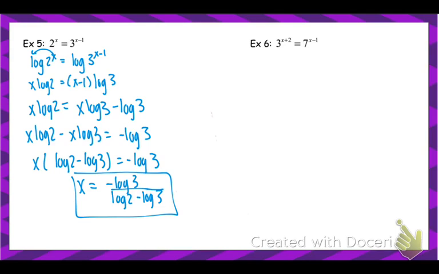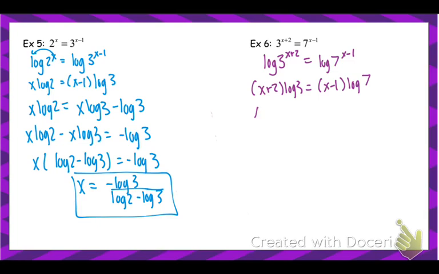All right, so on this next one, pretty similar method. Again, either take the log of both sides or rewrite it as a log. I'm going to go ahead and take the log of both sides. Move the exponent to the front. I'm going to distribute, and get everything with an x on the same side.